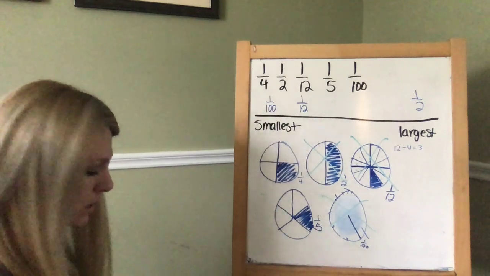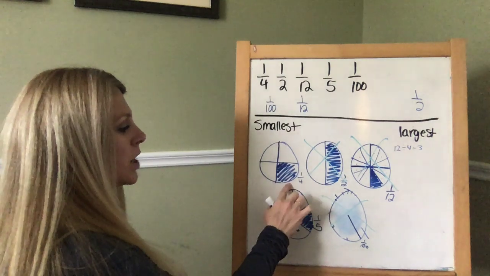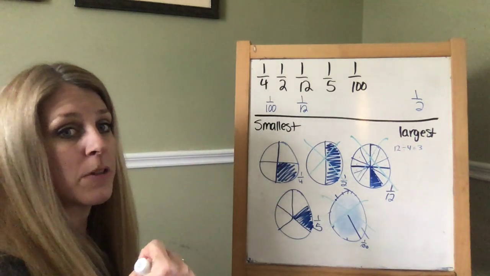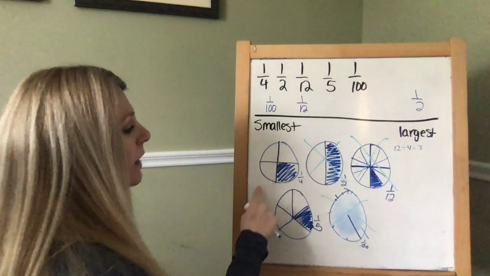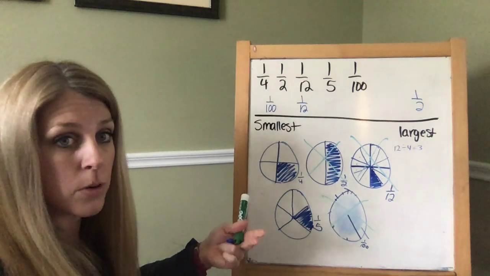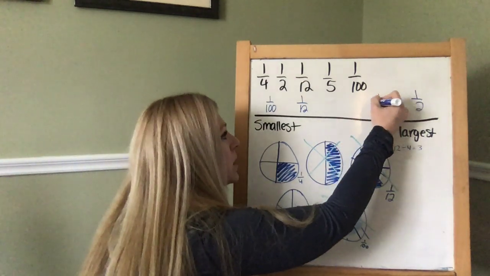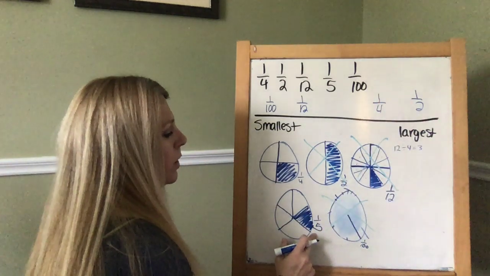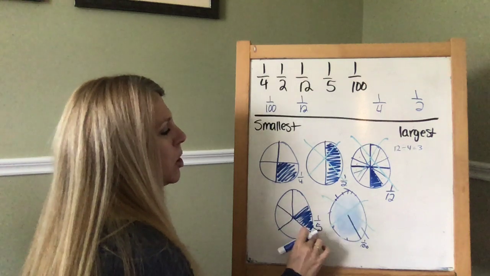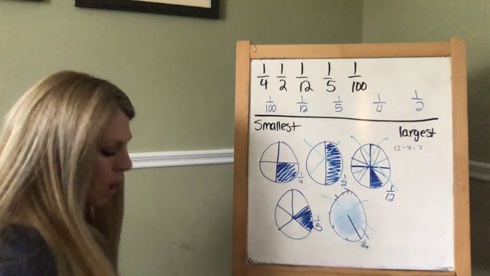Well, those are pretty similar, but if I think about sharing this pizza with 4 friends, or if I share it with 5 friends, if I have to share it with 4 friends, I'm sharing it with less people, so I get more. So that's actually the bigger fraction here than 1/5. And if we were to pick that up and move it, we could kind of see that. But they're close, so that one was a little tricky between 1/4 and 1/5.